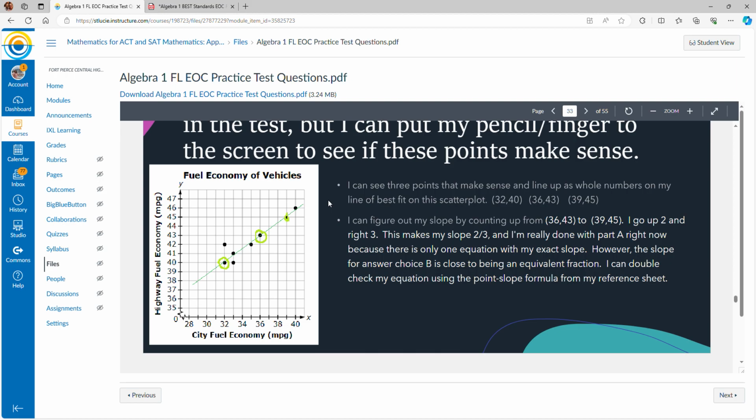And I can see 3 points that make sense and line up as whole numbers on my line of best fit on this scatter plot. I got (32, 40), (36, 43), and (39, 45). I can figure out my slope by counting up from (36, 43) to (39, 45).